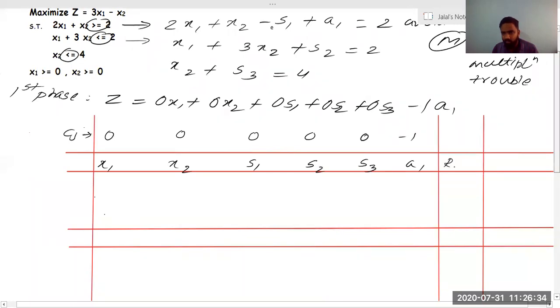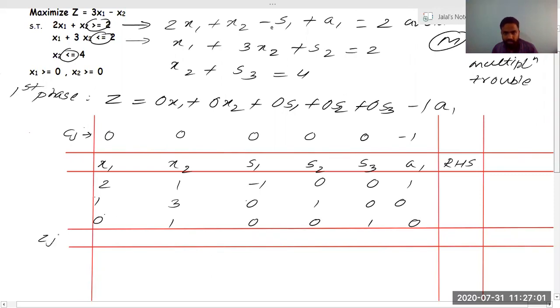Then RHS. Now we will put the constraint constants. So 2, 1, -1, 0, 0, 1. Another is 1, 3, 0, 1, 0, 0. Another one is 0, 1, 0, 0, 1, 0.